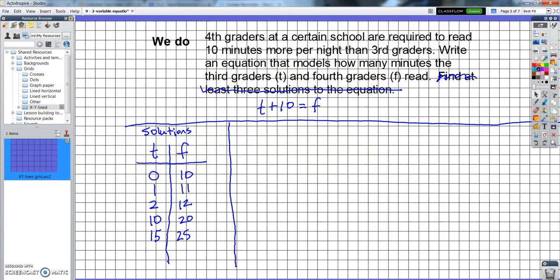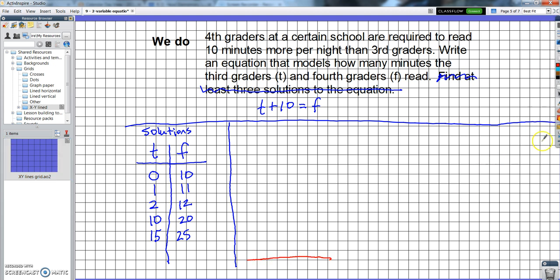All right. So third graders and fourth graders, I'm going to put third graders along the bottom on the horizontal number line. And I've got to start at 0. And we may want to pick a scale here, like maybe let's do jumps of 5 minutes.